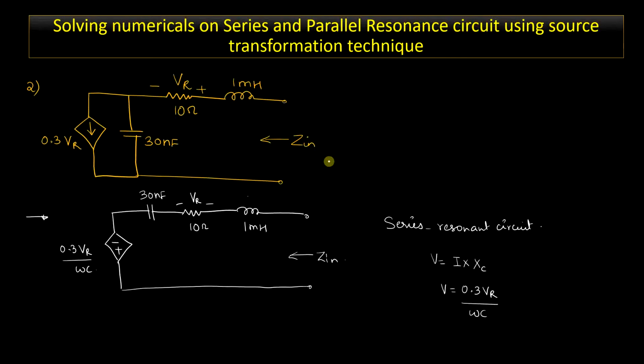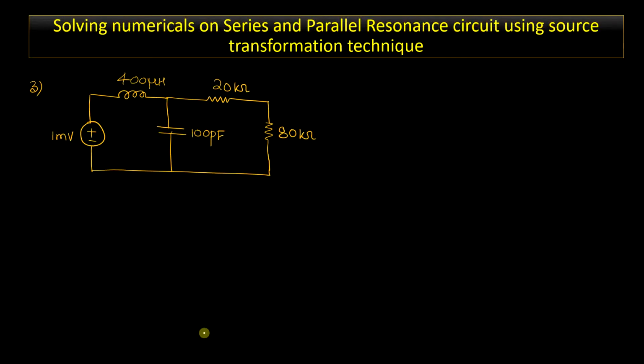Okay, now moving on to the third type of circuit. If you look at this particular circuit, you have an inductor, a capacitor, and I can write the equivalent resistance of this combination, which is in series, as 20 plus 80, which is equal to 100. So the series resistance can be written as 20k plus 80k, that is equal to 100k.